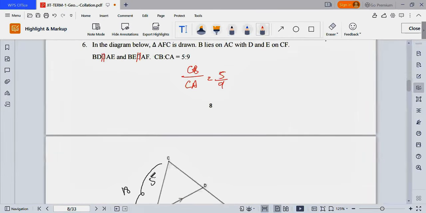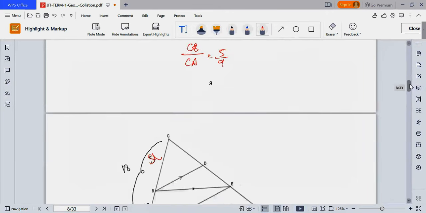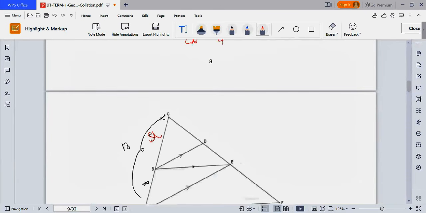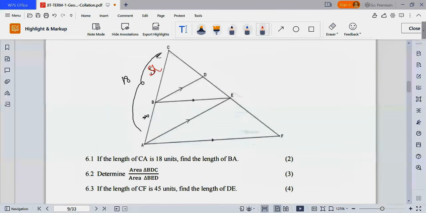And then CA, the whole of CA, it's all the way from here up until this point. So this whole length here has a ratio of 9K. So if this is 5K, this is 9K, that means here we agree that this is 4K. So 4 plus 5 will give us that 9K, right?